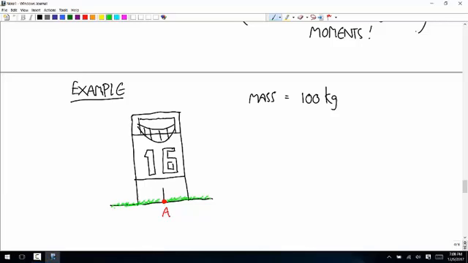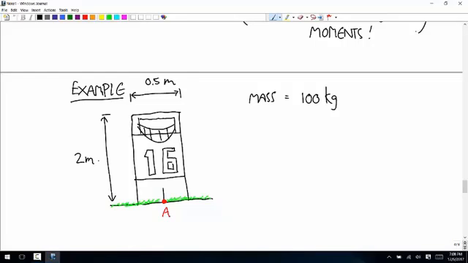Okay. And let's say that a defensive player, oh, we need to give dimensions here. So let's say this is 0.3 meters, and let's say that's 0.5 meters, and that's 2 meters. Okay.